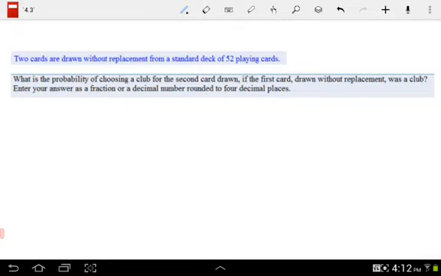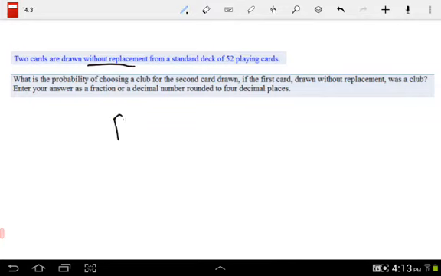So now in this example, we have two cards drawn without replacement from a standard deck of 52 cards. What is the probability of choosing a club for the second card drawn if the first card drawn without replacement was a club? Let's write this out in our notation.